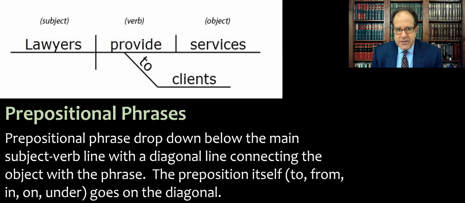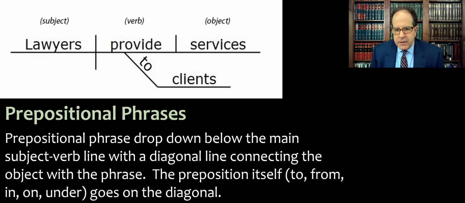And so if we have a sentence like lawyers provide services to clients, then, well, to clients doesn't modify the services, even though I understand that you could argue in theory, what kind of services do they provide? Well, the services to clients, but really grammatically, the phrase to clients modifies the verb provide, right? So it's a part of the action.